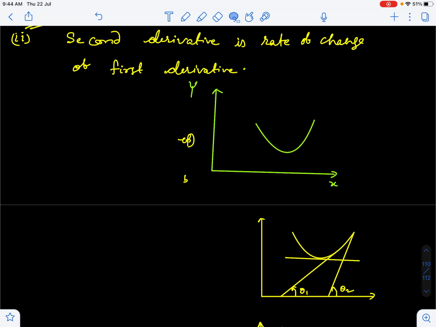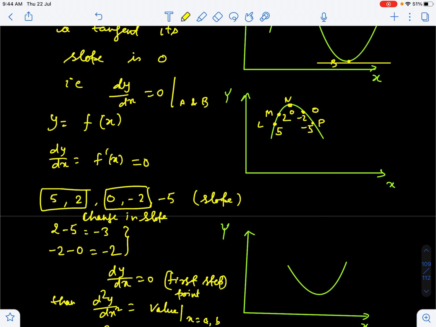Here I am doing the same thing we did earlier. Suppose I take the points like this: minus 5, minus 2, 0, 2, 5. If this is 5, the slope will be plus 5; if it is 2, it is minus 2; if it is 0, it is 0; like that I have taken here also.